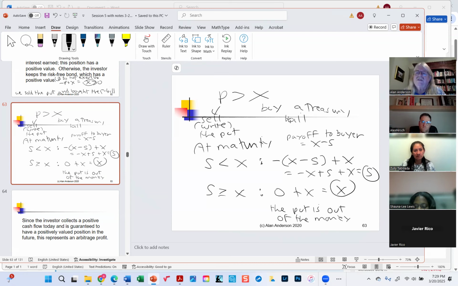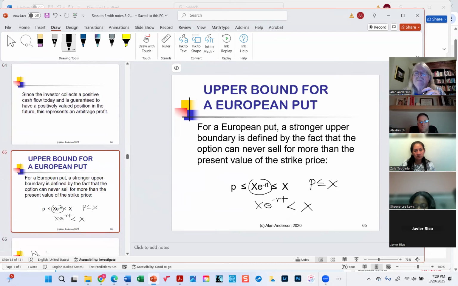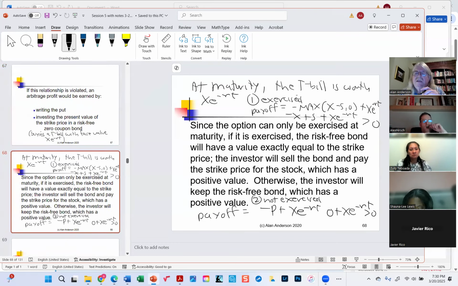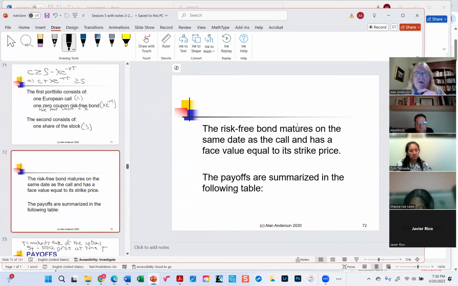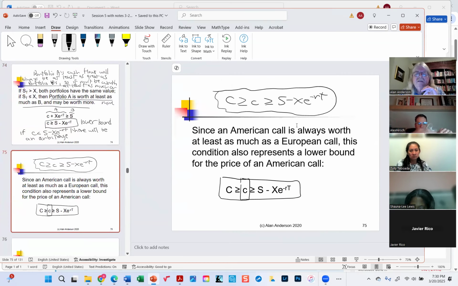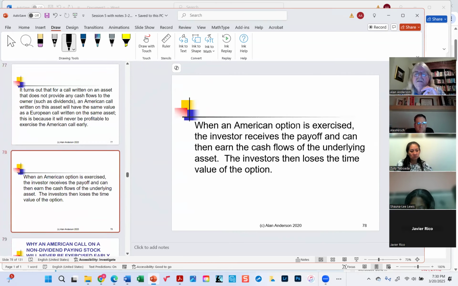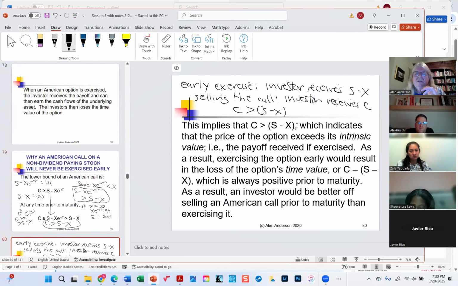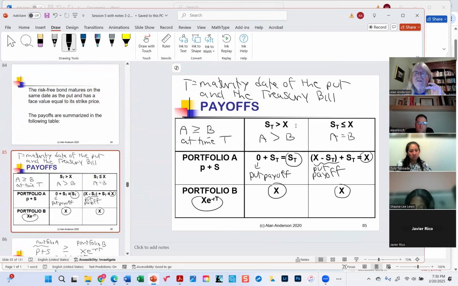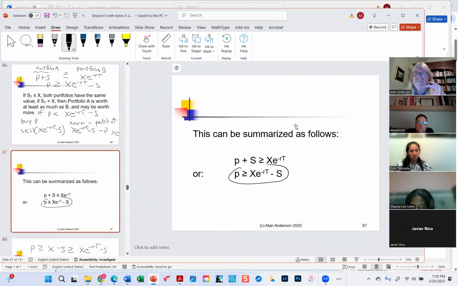You can do all kinds of things with this type of setup. But in case we run out of time, I'd rather jump ahead. There's a lot going on here, but I want to make sure we do not run out of time for the put-call parity condition.